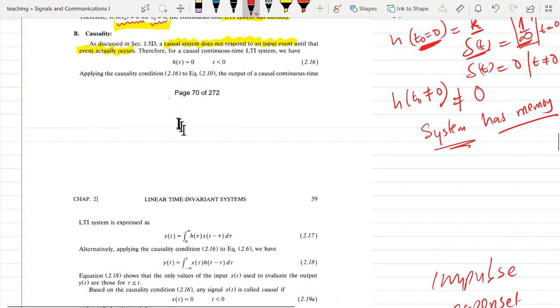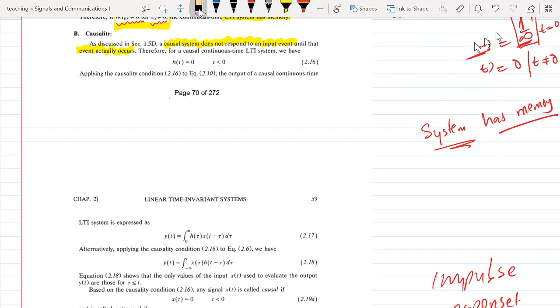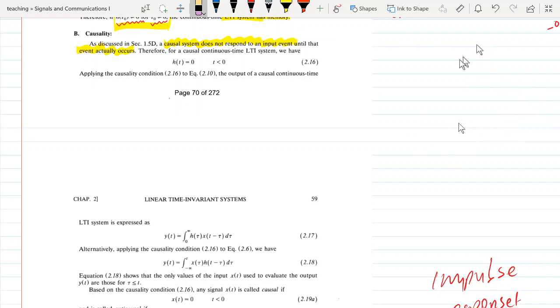The next item that I want us to discuss is causality. As discussed in section 1.5d, a causal system does not respond to an input event until the event actually occurs.